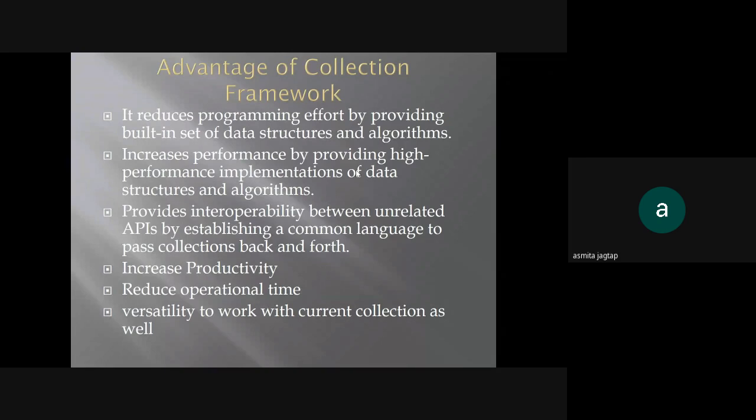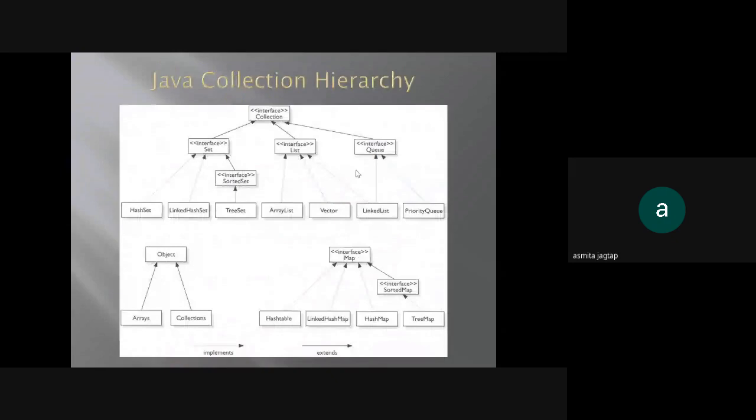Then this is the hierarchy. We have seen Collection and Collections, the two differences there. Collection without the s is an interface, whereas Collections with the s is a class. Collections is a class, the main class. Object is our superclass, so it is extending the Object class.